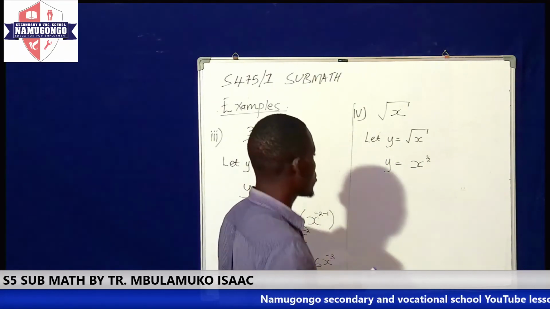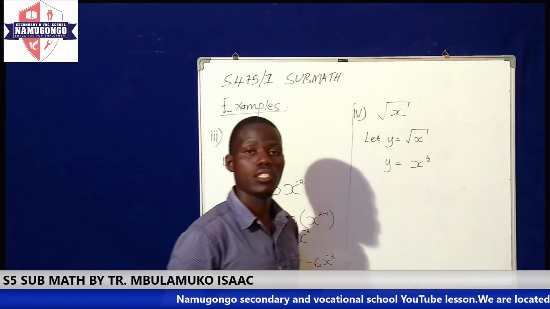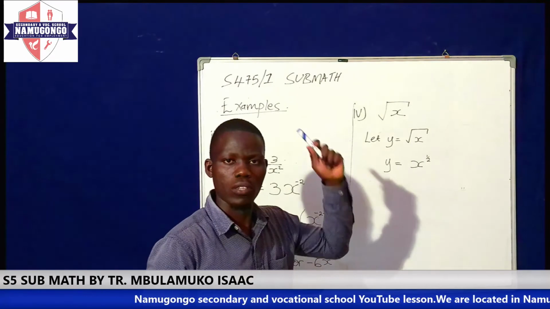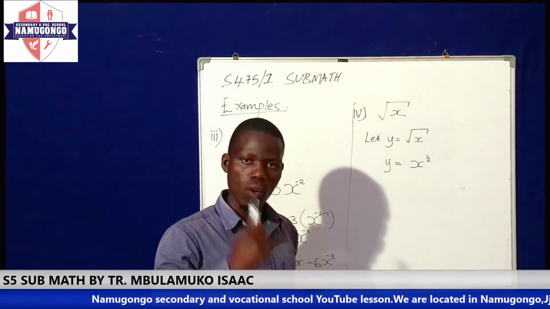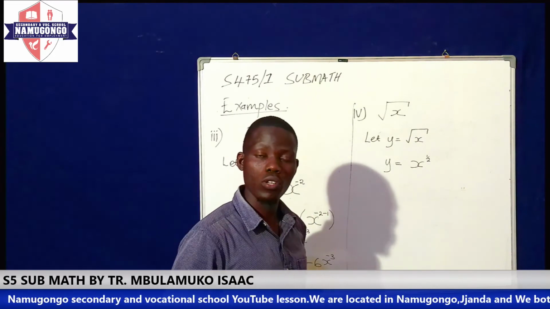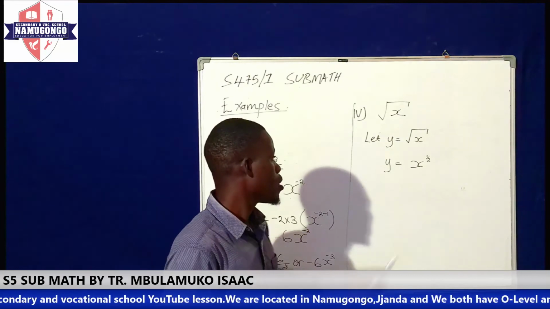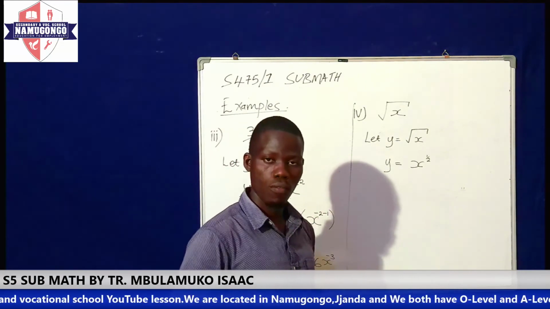Someone will ask, why is the teacher bothering to change this? I am changing it because we need the other aspect of subtracting the power by 1. In this case, when we have a square root sign, we are not going to be able to figure out which power we are reducing by 1. So we first change it in terms of powers.